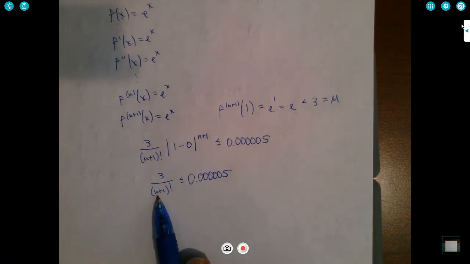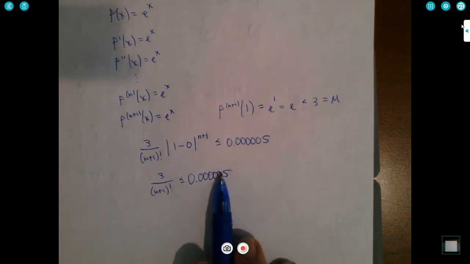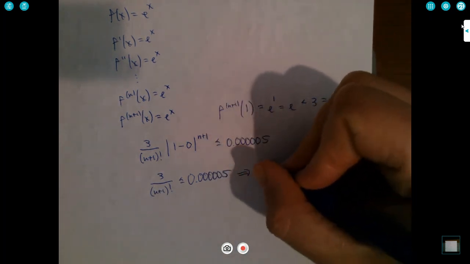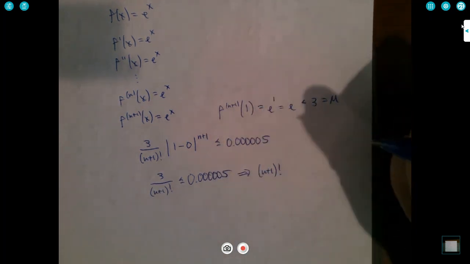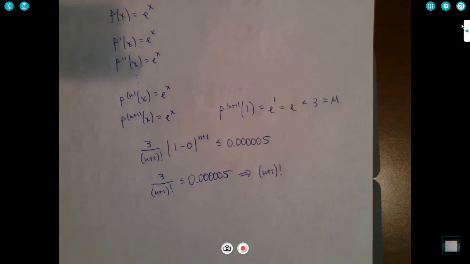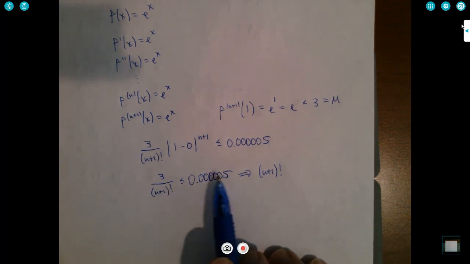I would multiply through by n plus 1 factorial, then divide through by this thing. And so this means that n plus 1 factorial, let's see. So I multiplied this to get it there, and then I divided by that.